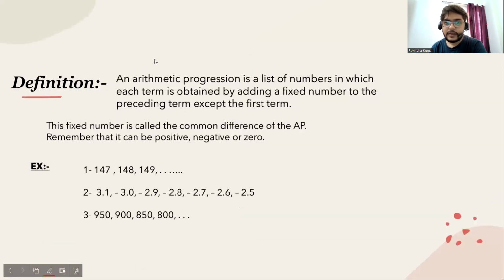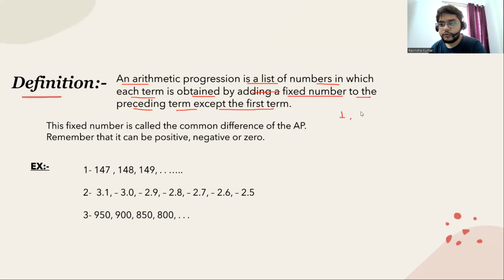An arithmetic progression is a list of numbers in which each term is obtained by adding a fixed number to the preceding term except the first term. What does this mean? This means if we add any number, let's say here we have 1.